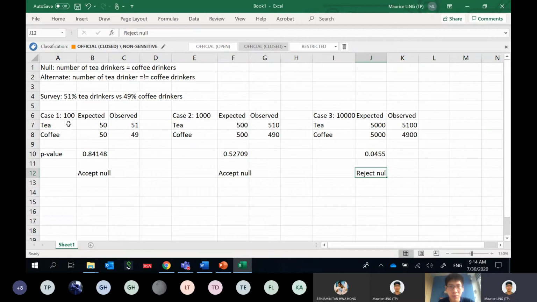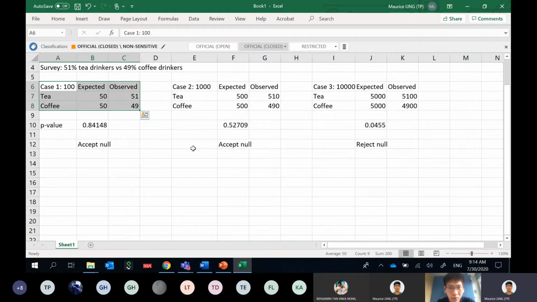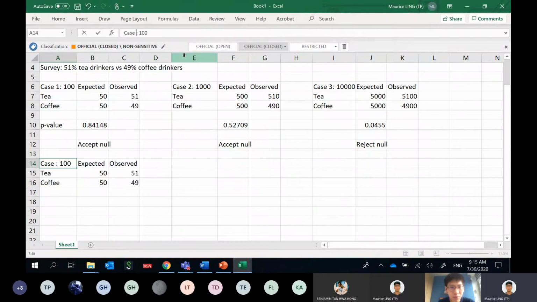So never use proportion. If you really use proportion, because the proportion total is 1, let's just do it for the sake of doing. We settle one, that is case 0, and we use proportion. So here will be 0.5, 0.5. This will be 0.51, this will be 0.49. Case 0 is proportion.